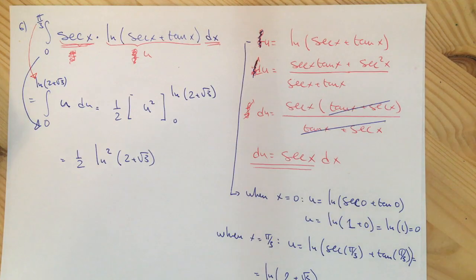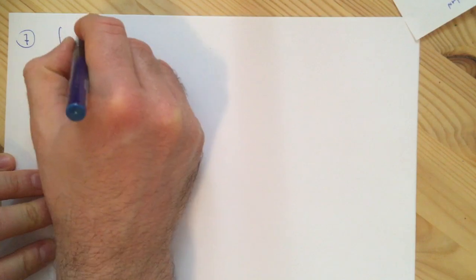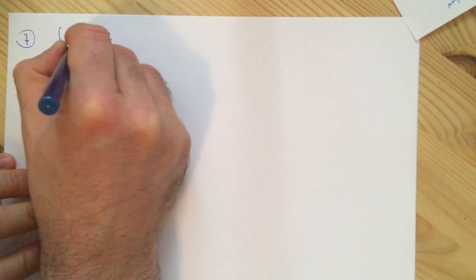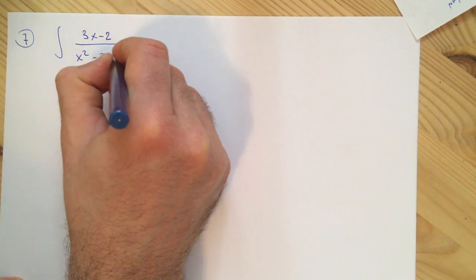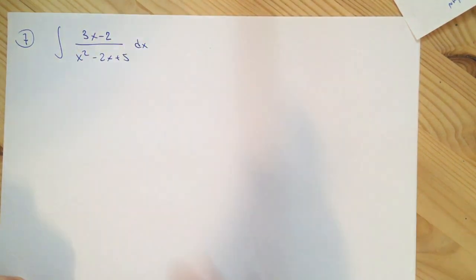And the last thing that we're going to do is that we will evaluate this integral here. 3x minus 2 over x squared minus 2x plus 5 dx.